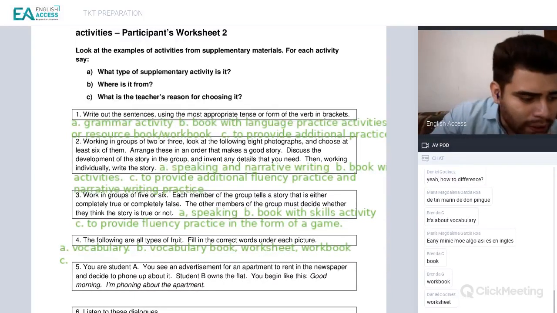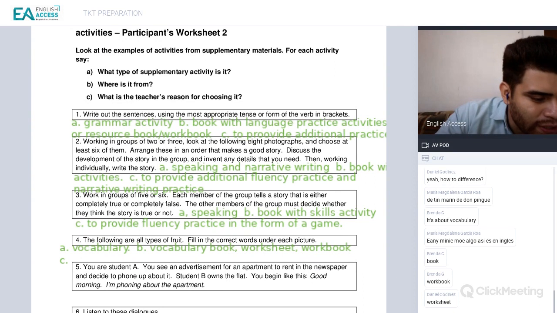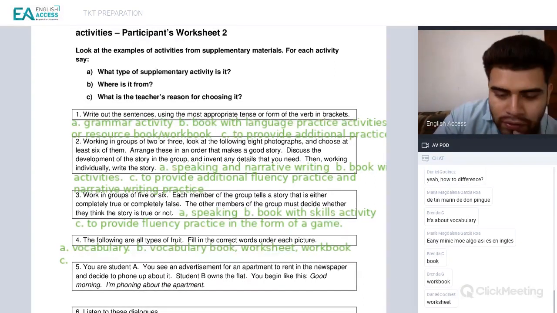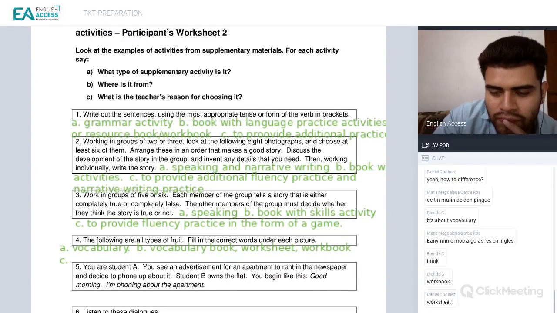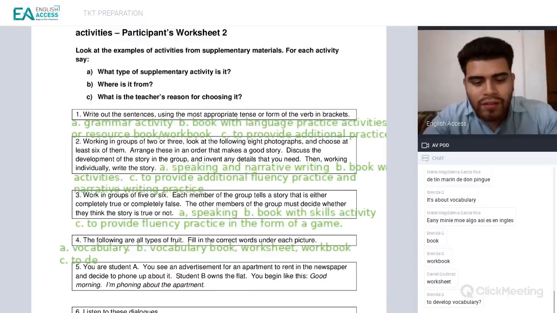And C, where is the teacher's aim or a reason for choosing it? Why might a teacher use this activity? Yes.